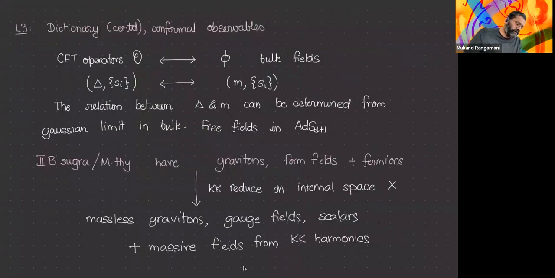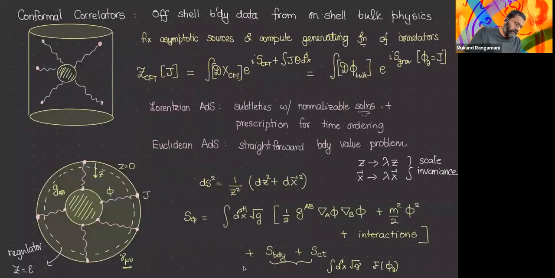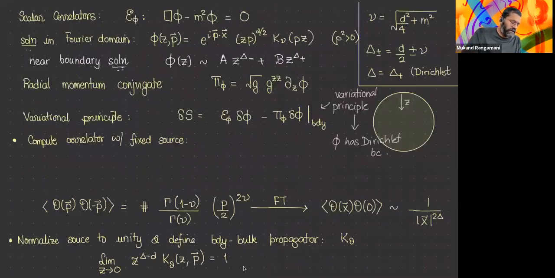That means switching from freezing A to freezing B. You can do it provided both modes, delta plus and delta minus, happen to be normalizable with respect to a suitable norm, which is not the Klein-Gordon norm but a deformed Klein-Gordon norm. But that can only be done for some range of masses, not for all masses.